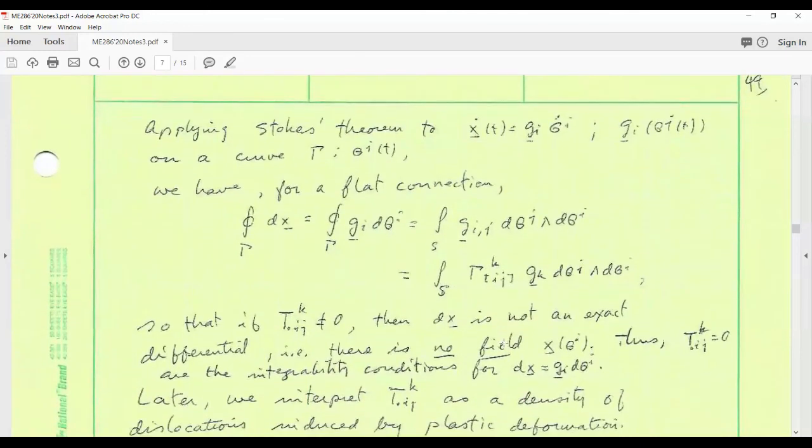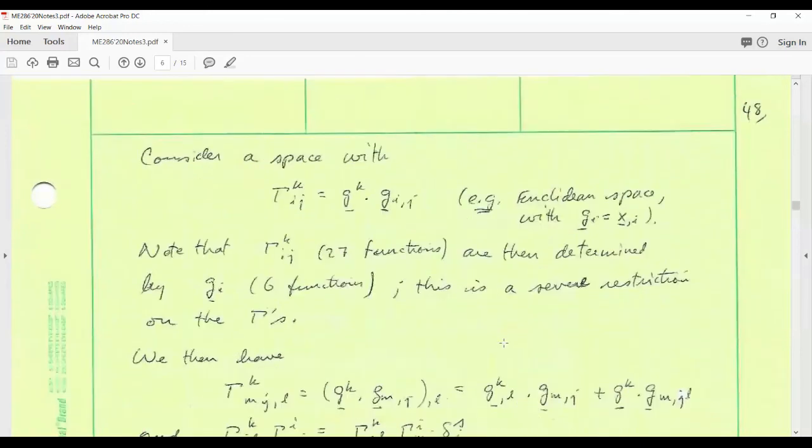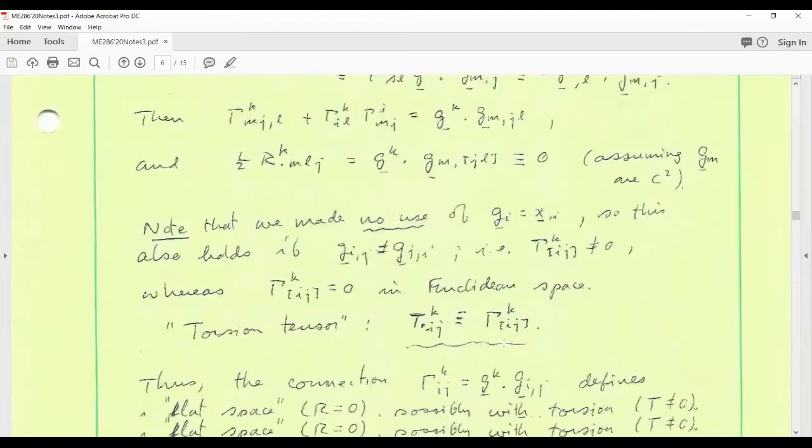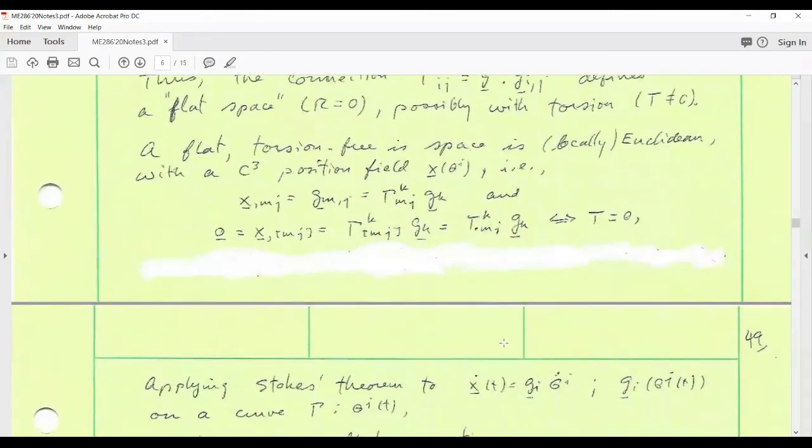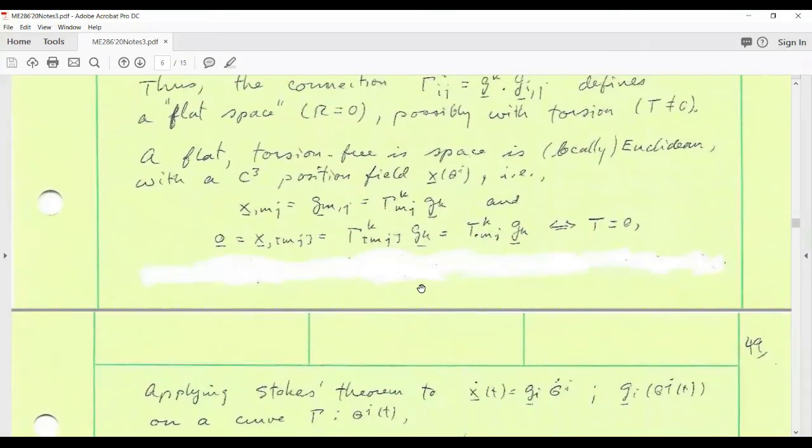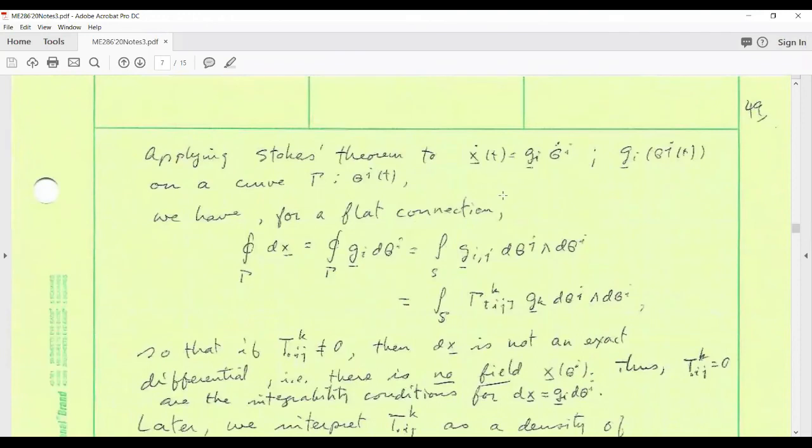Okay. So that means a space that does have torsion does not have a position field associated with it. There's no position field in a space with torsion. We can see that in this way. For example, on a curve, of course, we can always parameterize the curve by t.